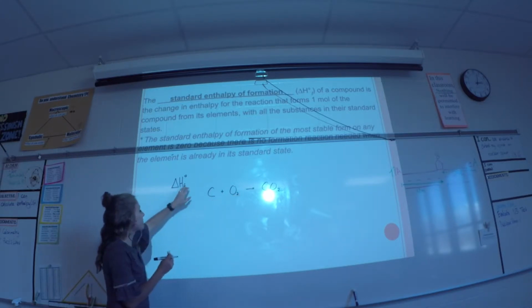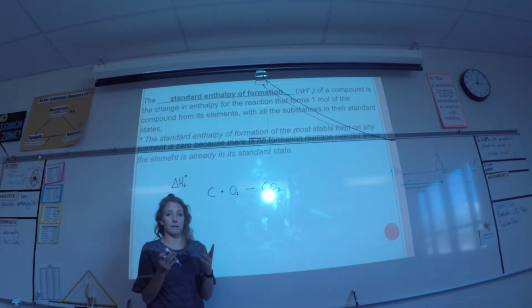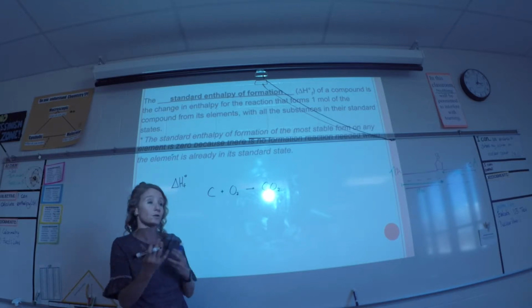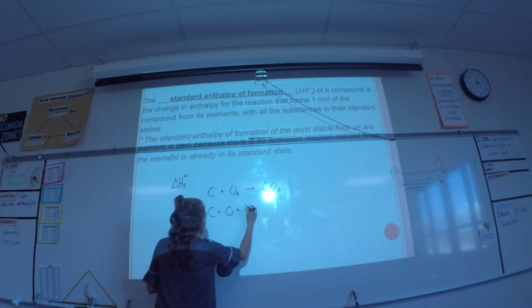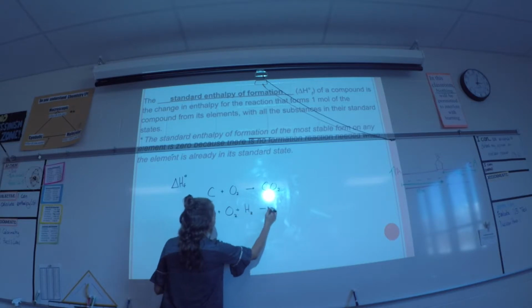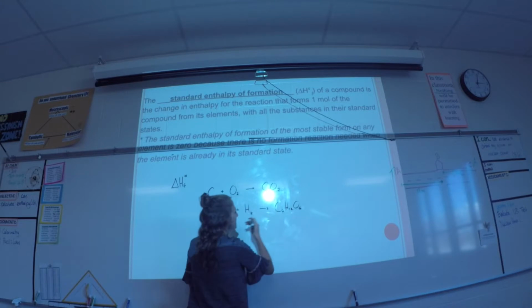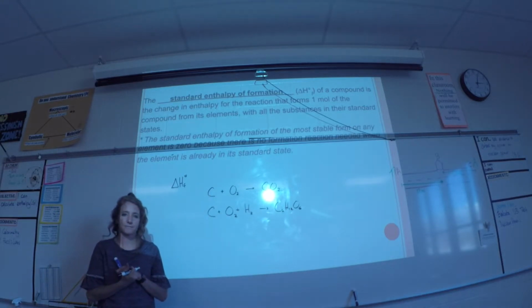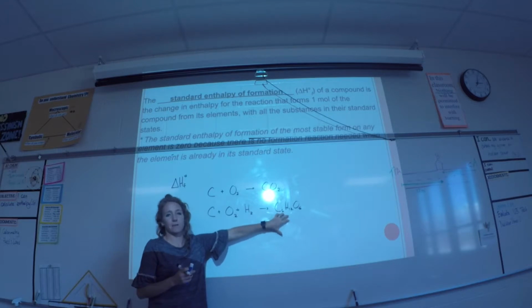Okay, so enthalpy of formation is referring to building things from their simplest elements. Once again, for example, for glucose, it would be carbon plus oxygen plus hydrogen making glucose. Okay, so it's things in their simplest form of how it's made.